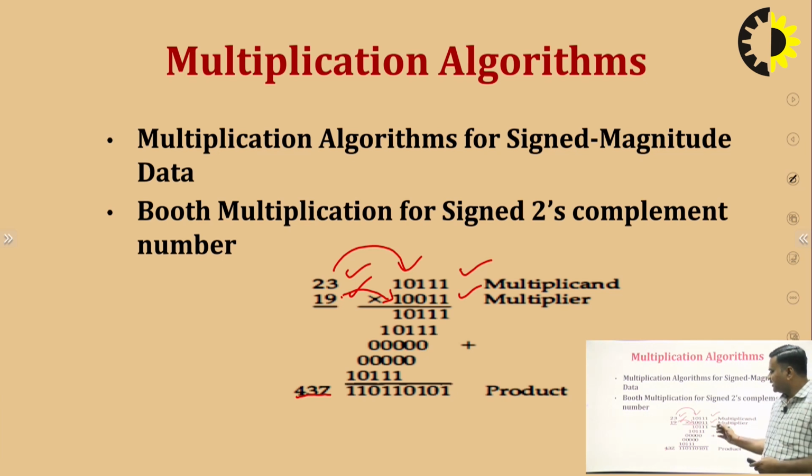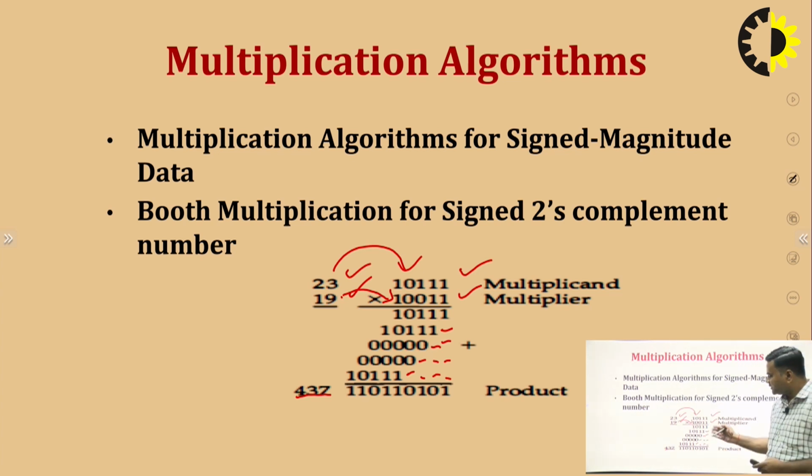Then we can see that basically two concepts are used in multiplication. First one is addition and second one is shifting. For multiplication, we use only shifting and addition. Here we can see that this performs the shifting, this performs the 2 shift operation, this performs the 3 shift operation, and this performs the 4 shift operation.